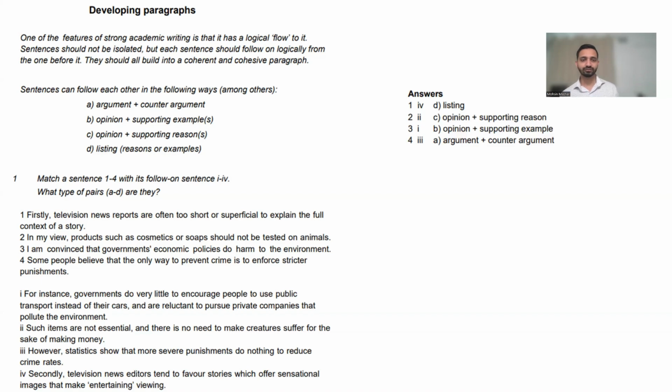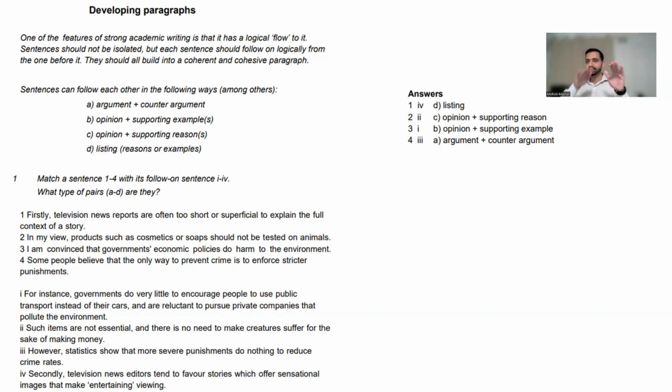All right, let's review the answers. So basically 1 is 4, right? So let's read out these sentences and see if it makes sense and has coherence and cohesion. Firstly, television news reports are often too short or superficial to explain the full context of a story.